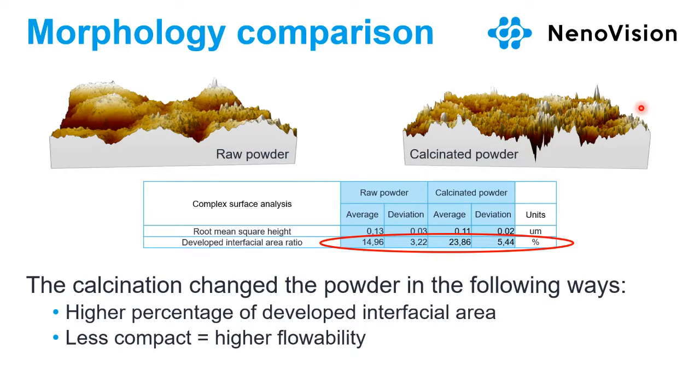And what it causes, most probably, is that the powder is less compact and has higher flowability, which we knew from previous experiments. So this is probably the reason.